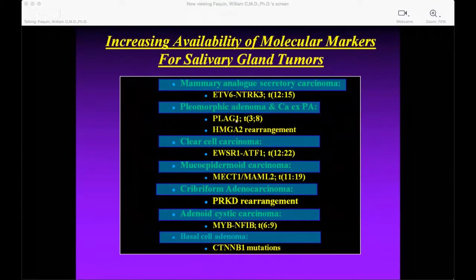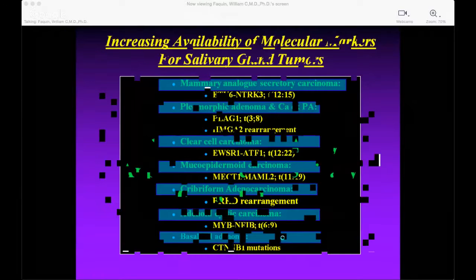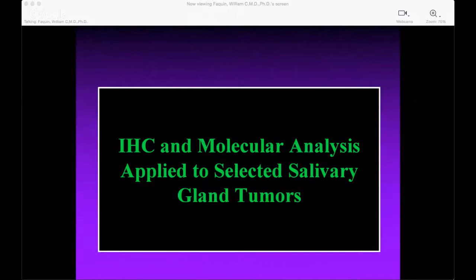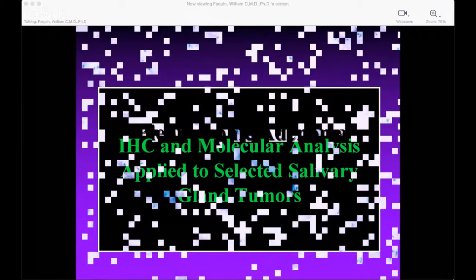These include mammary analog secretory carcinoma, pleomorphic adenoma and carcinoma ex pleomorphic adenoma, clear cell carcinoma, mucoepidermoid carcinoma, cribriform adenocarcinoma of minor salivary gland, adenoid cystic carcinoma, and basal cell adenoma. And just very, very briefly, I'm going to show you a few examples of these in selected salivary gland tumors.